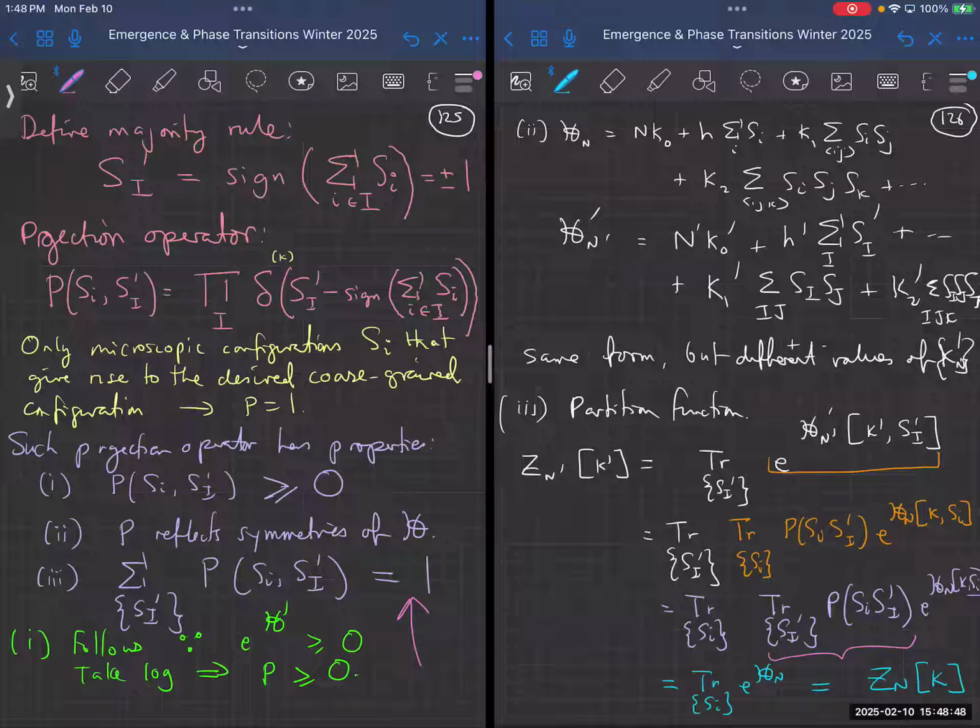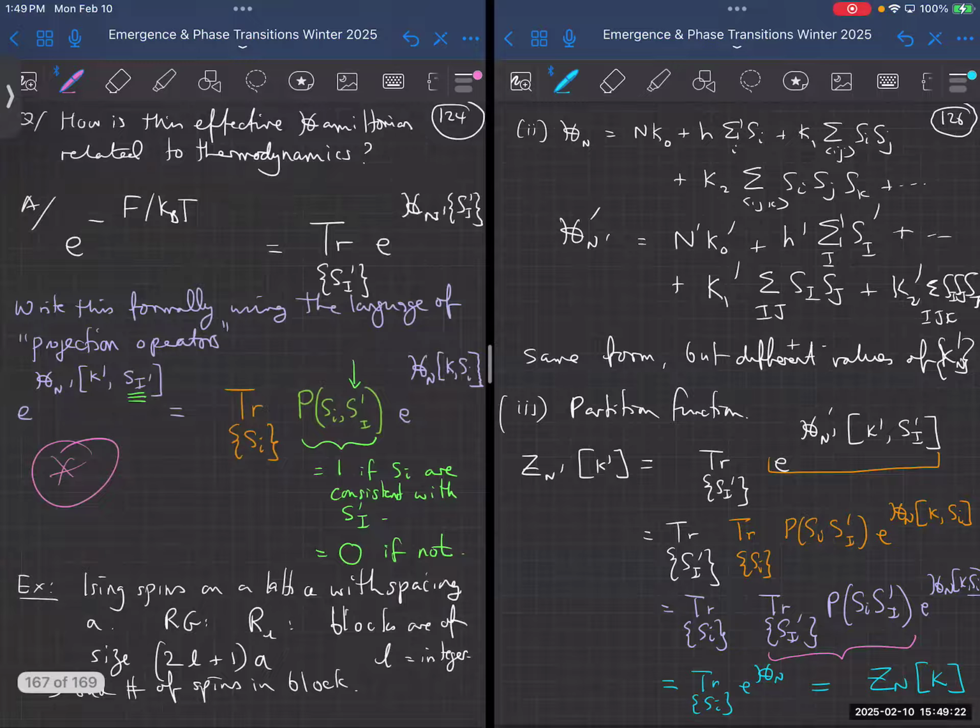I mean, all we're doing is summing over configurations. Another way to say this is: every configuration that was there microscopically is also represented in the coarse-grained partition function, because what I've done is I've counted the same number of degrees of freedom. I've just done it in a different way.